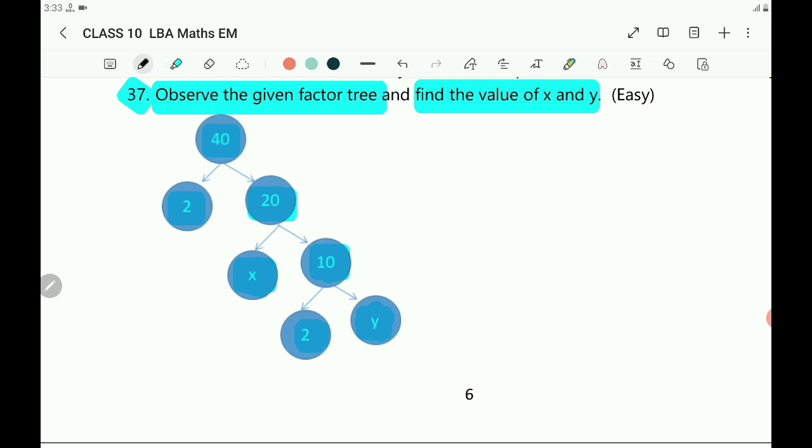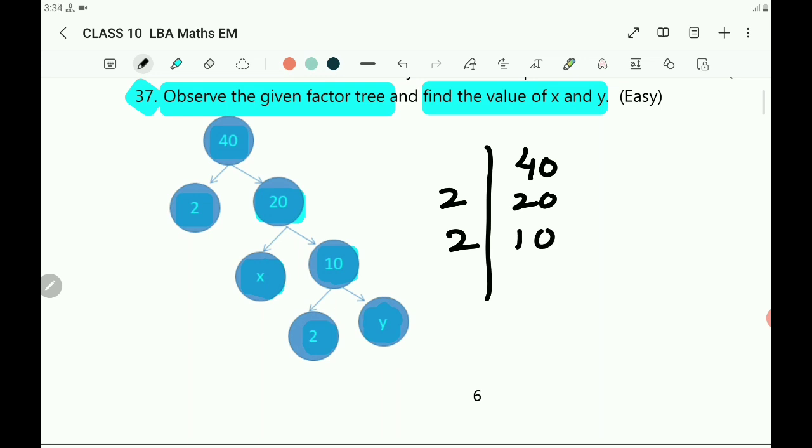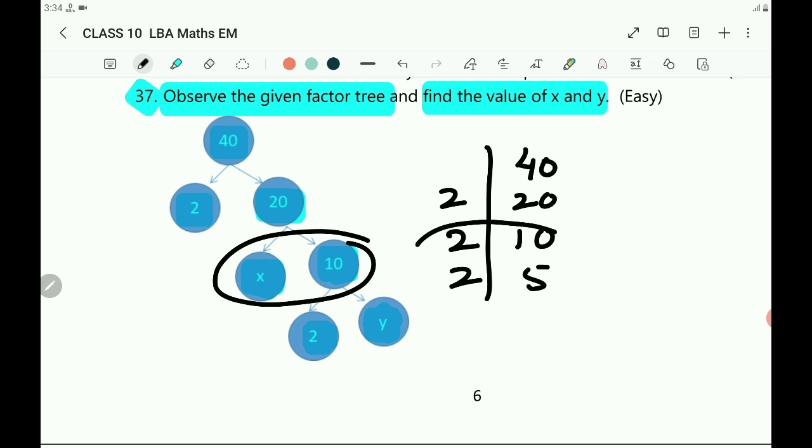You can factorize it again. 40, 2 20s are 40, then 2 10s are 20, then 2 5s are 10. So here in the second step 2 into 10 is there. So in the place of x, what is there? 2.